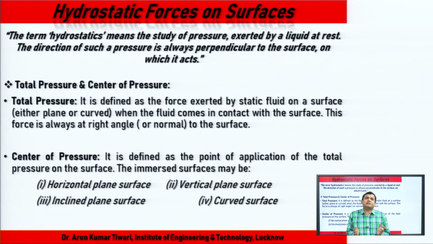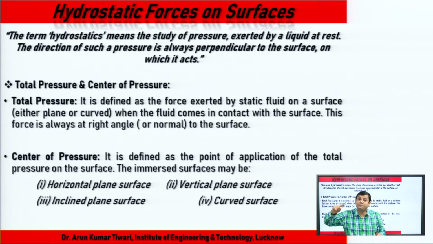The second point: what are the total pressure and center of pressure? How do we define total pressure, and center of pressure, at which point it is acting? Total pressure is defined as the force exerted by the static fluid. Always remember, the fluid is at rest, a static fluid on a surface.